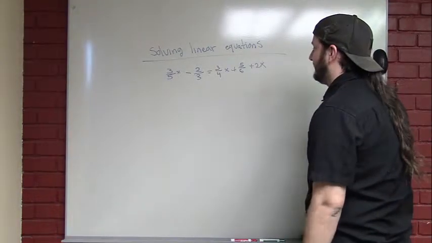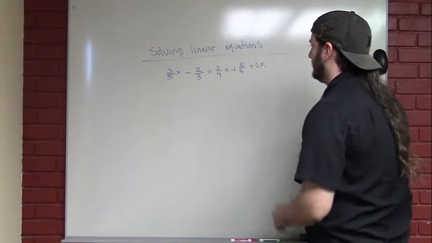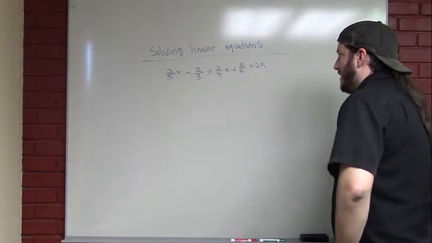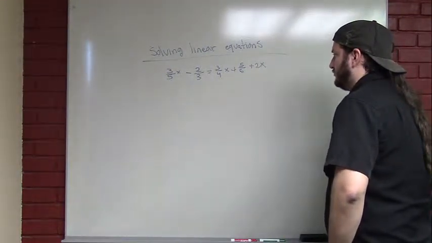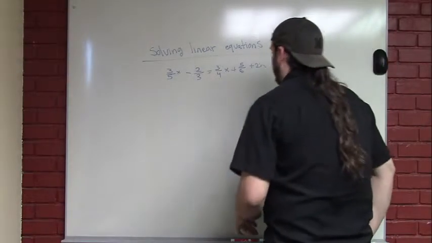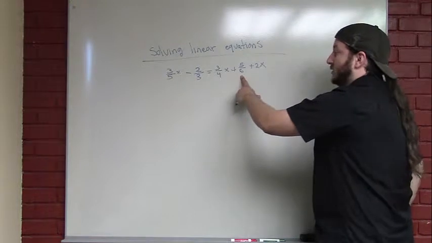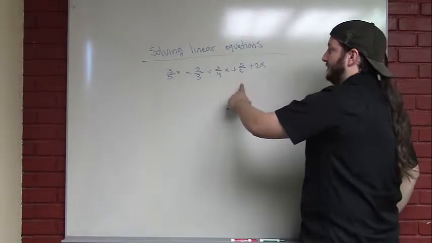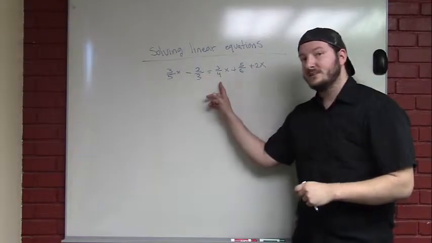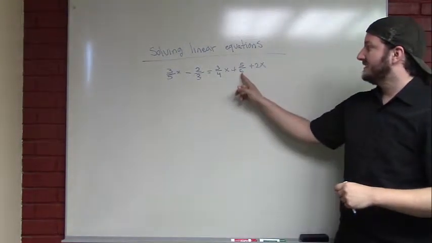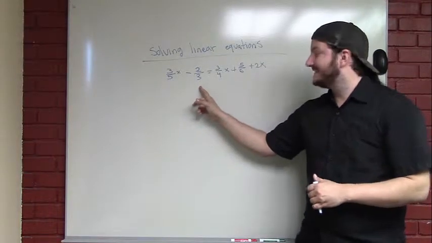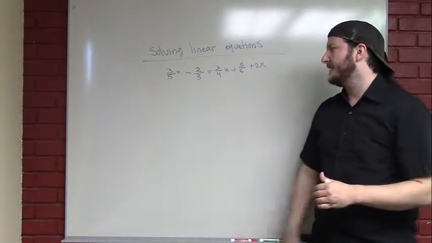All right, so let's see. I guess it's going to be 60, okay? Because 6 goes into 60. 4 goes into 60, right? 4 goes into 60 15 times. 6 goes into 60 10 times. 3 goes into 60 20 times.